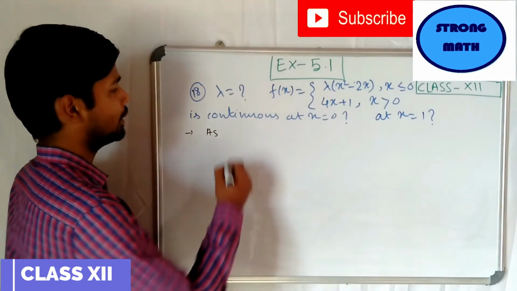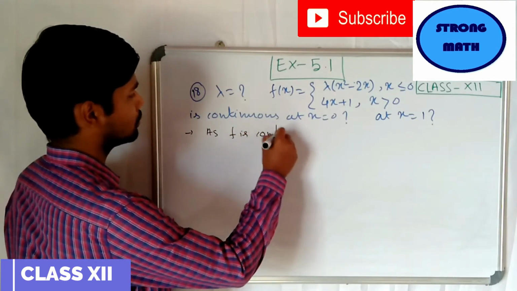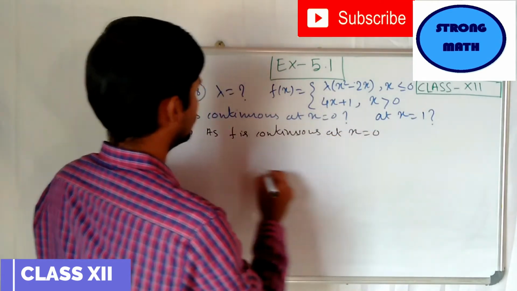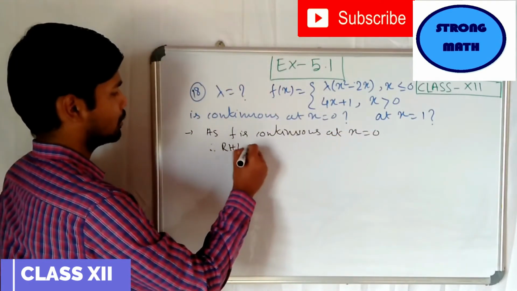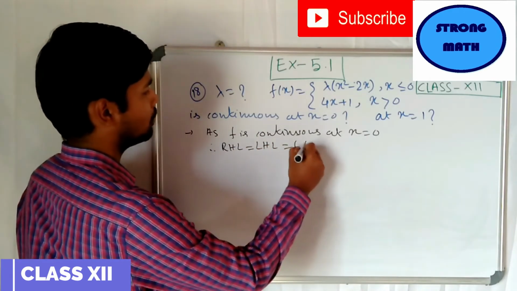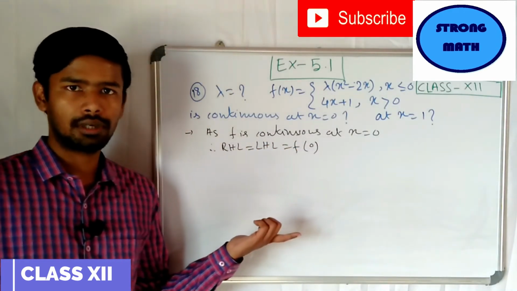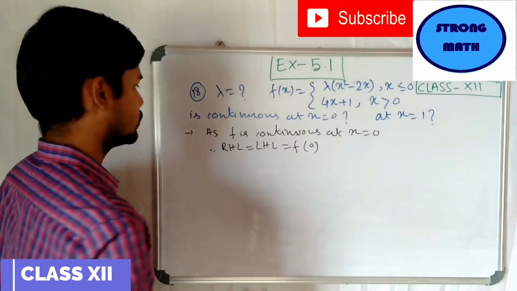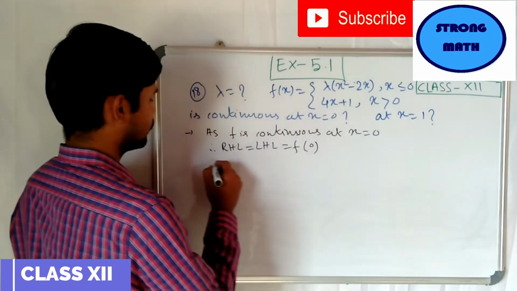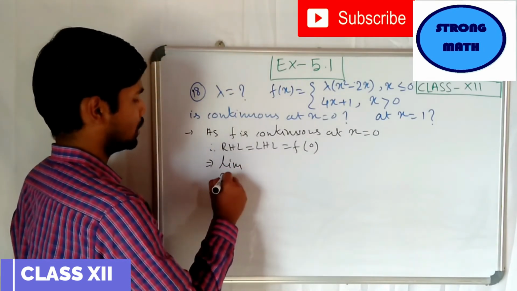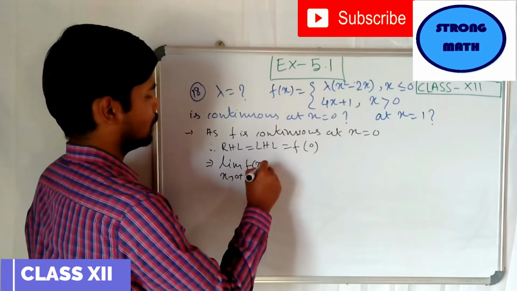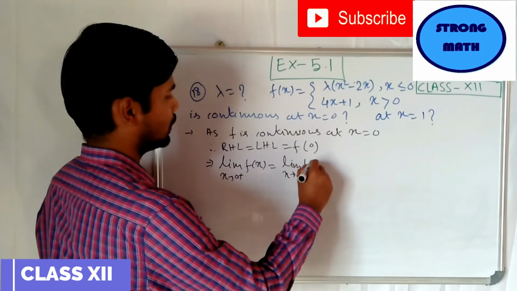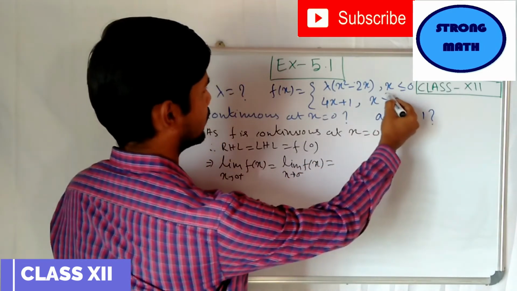As it is given that f is continuous at x equals 0, therefore right hand limit equals left hand limit equals f of 0. This implies limit x tends to 0 plus f(x) equals limit x tends to 0 minus f(x) equals the functional value at x equals 0.